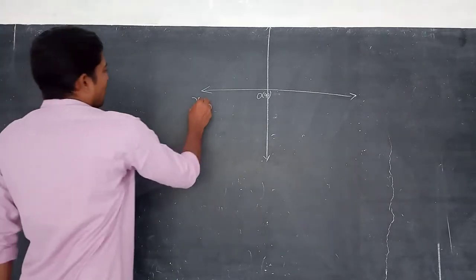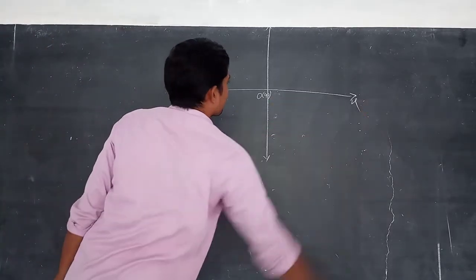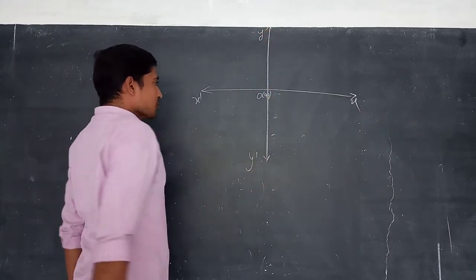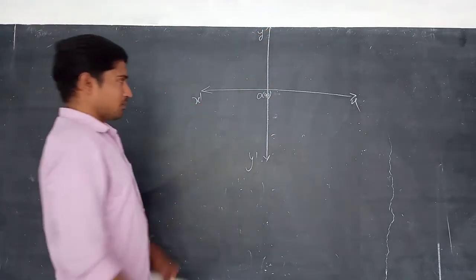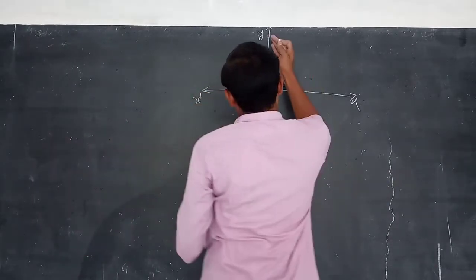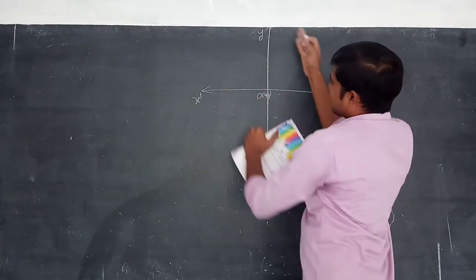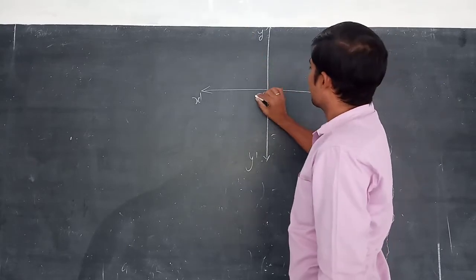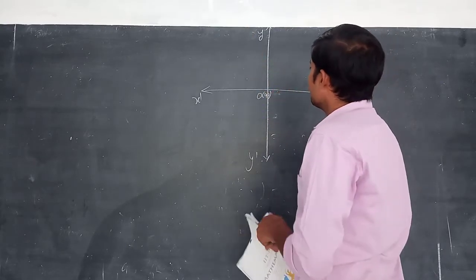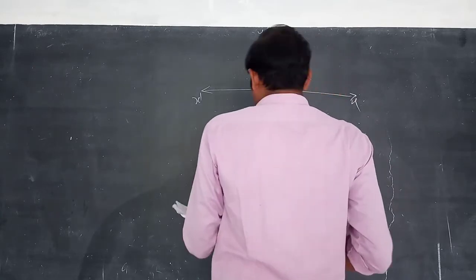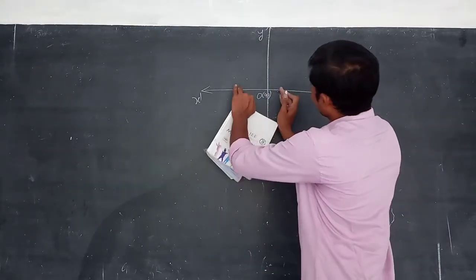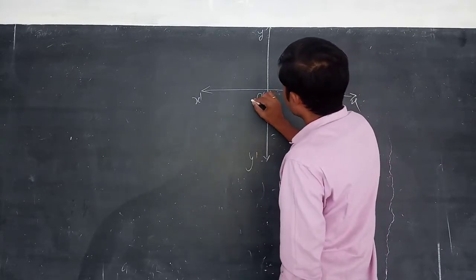This is small x, and small y. The axes are rotated like this, in the positive direction, making an angle theta with the original. So now the x-axis is here, then it should be like this.